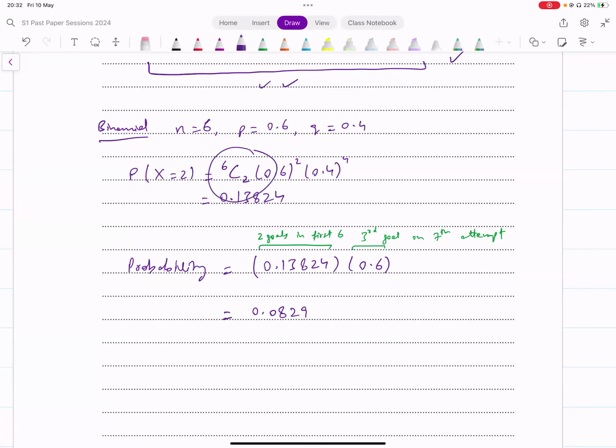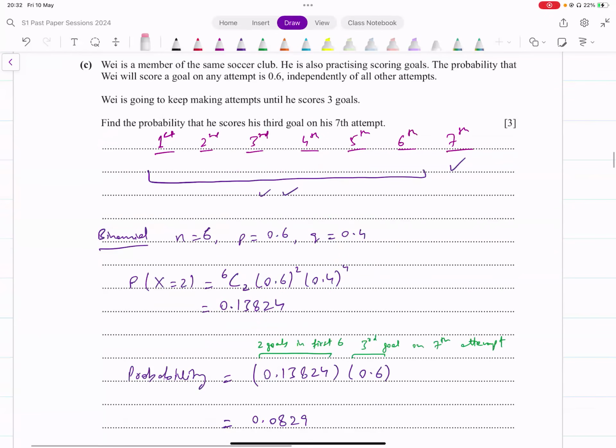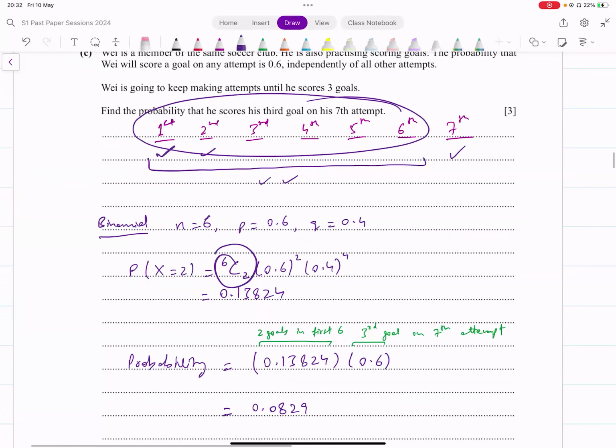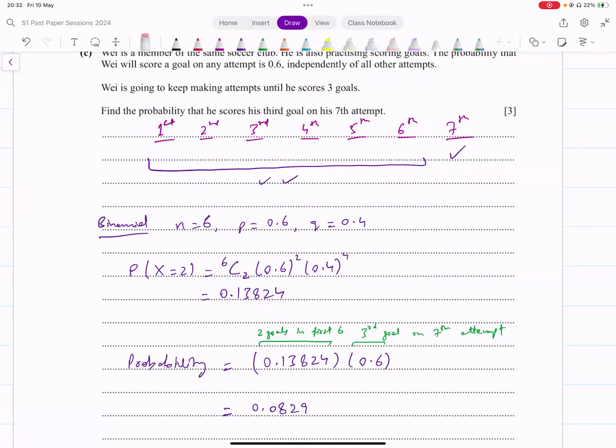6C2 is basically for deciding where exactly these 2 goals are going to come in the first 6, right? That's what 6C2 is for. That's how the binomial formula is basically derived. This tells you which 2 places we are going to have those 2 successes. So we are saying, let's break it down into 2 parts.